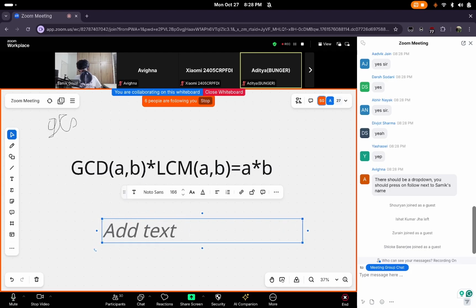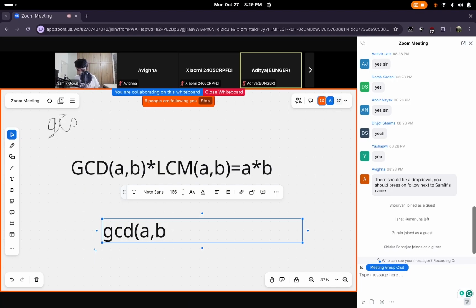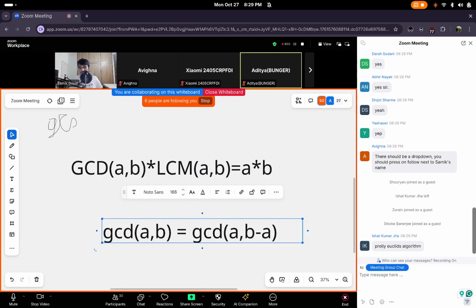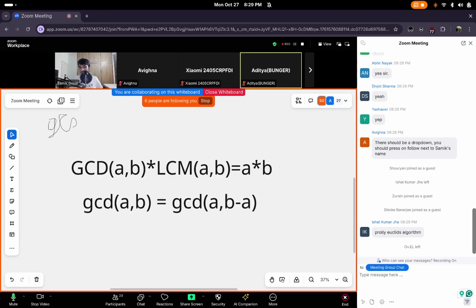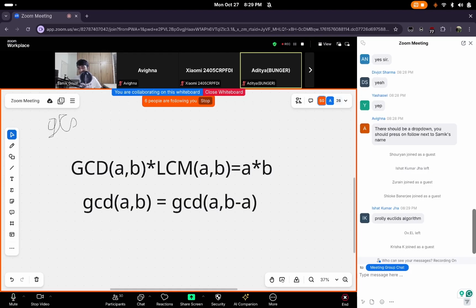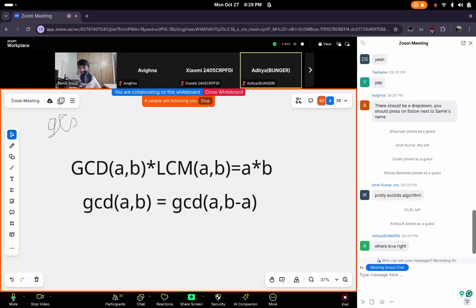It's this: GCD of A comma B is equals to GCD of A comma B minus A. So this looks quite simple. Yeah, Euclid's algorithm, my bad. Euclid's algorithm looks quite simple, but it is very powerful.